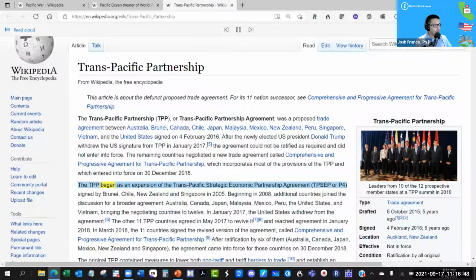The TPP began as an expansion of the Trans-Pacific Strategic Economic Partnership Agreement, TPSEP, or P4, signed by Brunei, Chile, New Zealand and Singapore in 2005. Beginning in 2008, additional countries joined the discussion for a broader agreement: Australia, Canada, Japan, Malaysia, Mexico, Peru, the United States, and Vietnam, bringing the negotiating countries to 12. In January 2017, the United States withdrew from the agreement.